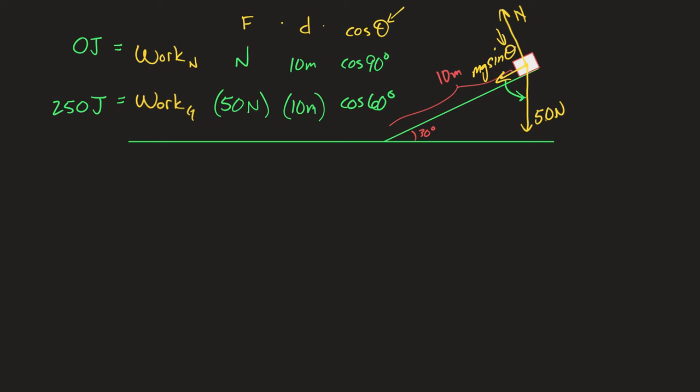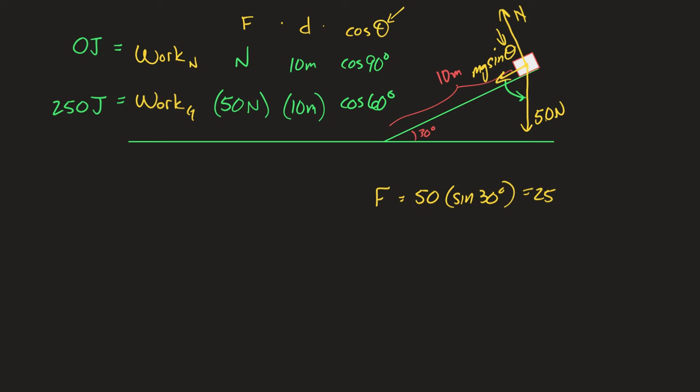Either way, can't we see that the force down the ramp is 50 times the sine of 30 degrees? That's the component of weight down the ramp, which is 25 newtons.